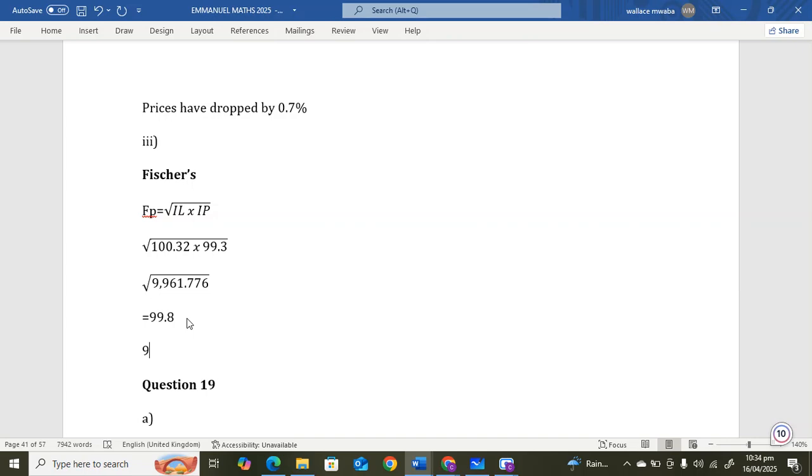So 99.8 minus the index number for the base here, 100. What do we get?